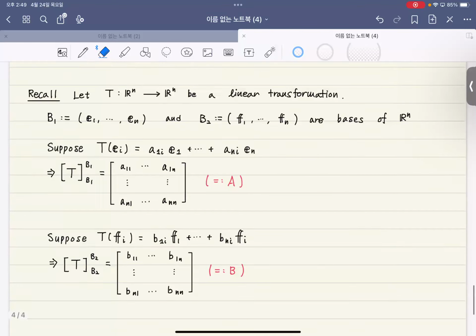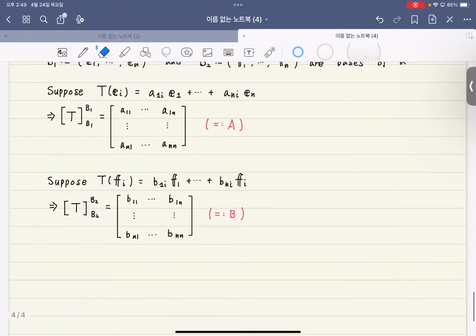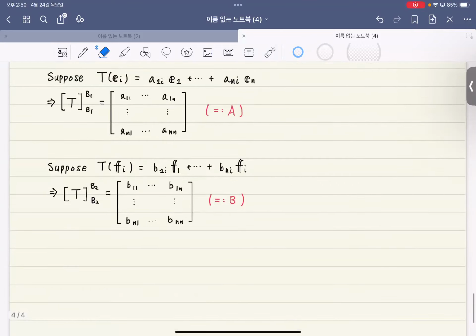So the question is, for any given 2 n by n square matrices A and B, how do you know that the 2 different matrices are referring to the same linear transformation?